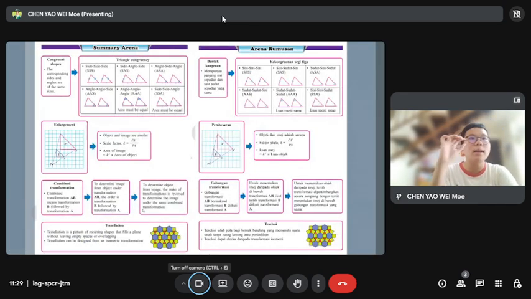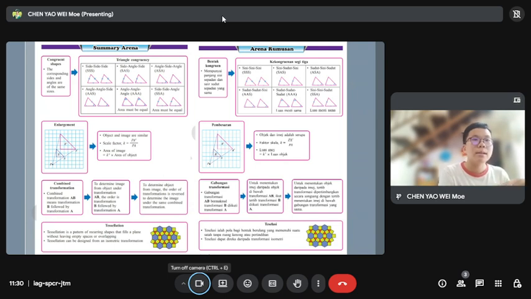We conclude all the things that you know. We learned about congruency, enlargement, combined transformation, and tessellation. There are 4 subtopics. For congruency, we know about the 6 things. For enlargement, the formula for scale factor, and using the scale factor, we can find the area of image by using the formula.